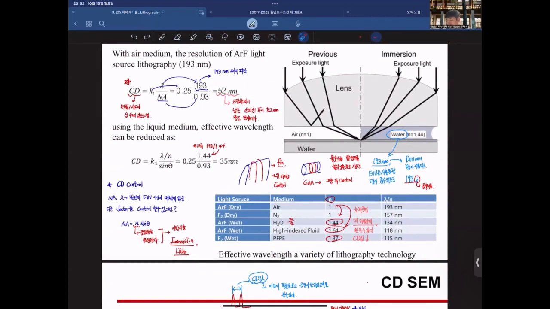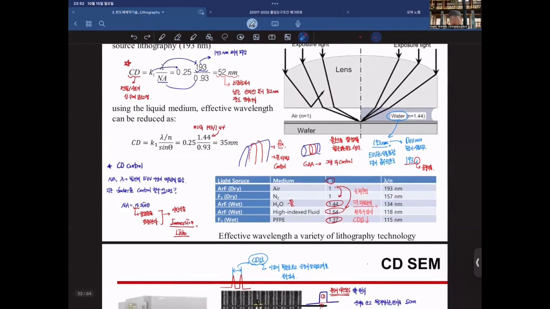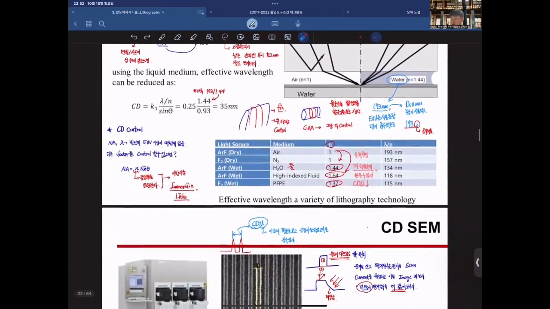So we can use other factors, we can control it, but if we have some problem controlling other sections, then we can use this, so-called immersion litho.